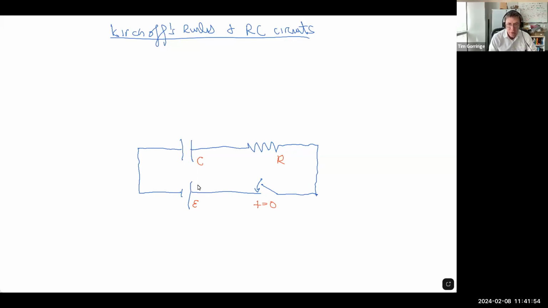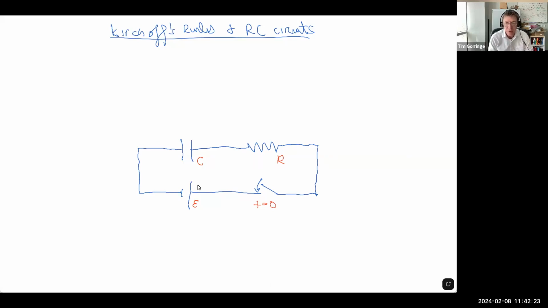In this example, we're going to start with Kirchhoff's current rule. And Kirchhoff's current rule for a single loop is essentially that the current through each component in that loop, the capacitor, the resistor, the switch, the battery, are the same. Kirchhoff's current rule at its core is the conservation of charge.